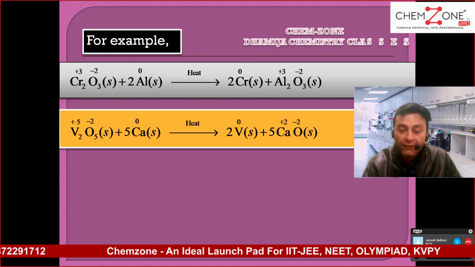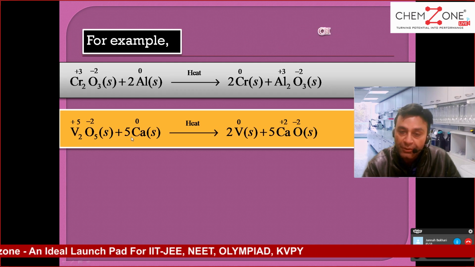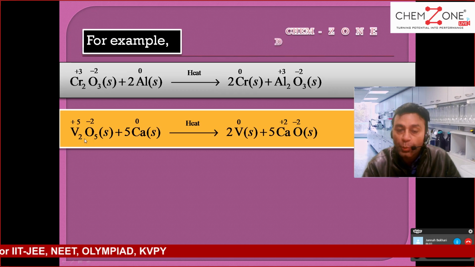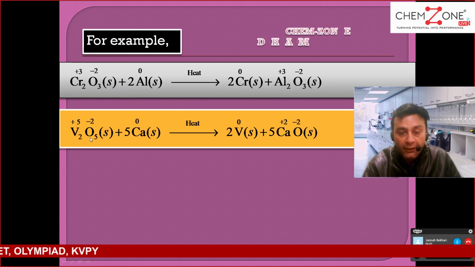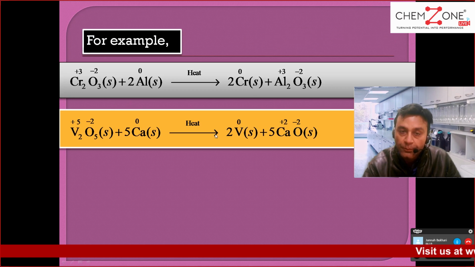Similarly, we get vanadium from its vanadium oxide by using calcium. Calcium is more reactive as compared to vanadium, and here again through oxidation numbers I am showing that calcium is undergoing oxidation from 0 to +2 and vanadium is undergoing reduction from +5 to 0.